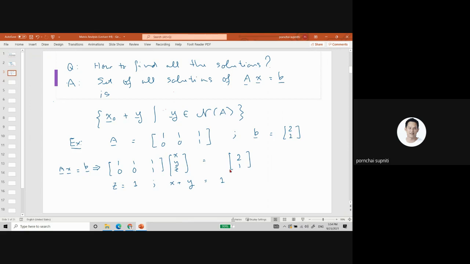So let's say we let a particular answer in this case be x is 0, y is 1, and then z is fixed. We call this a particular solution. A particular solution can be anything that is considered a solution.